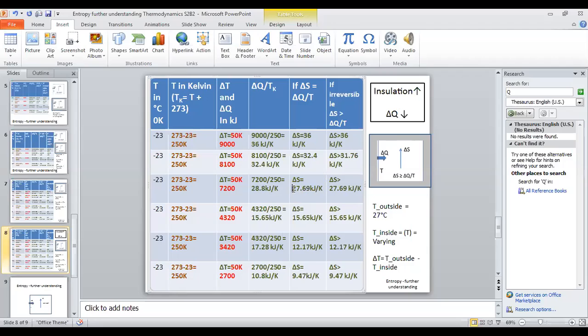You may argue that, of course, when the insulation is better, the energy saving is there, but when it comes to this principle, energy saving means reduced heat transfer. Reduced heat transfer means reduced entropy.